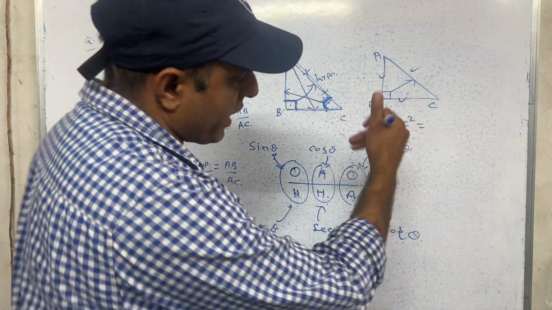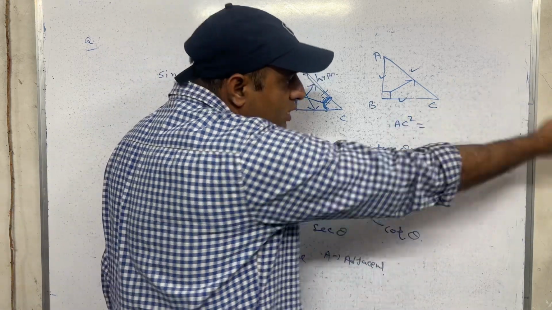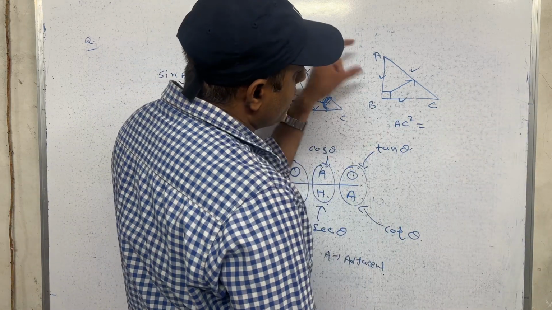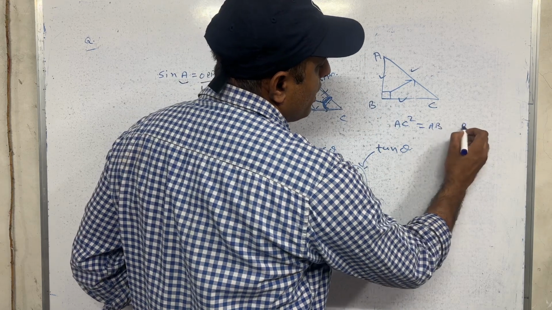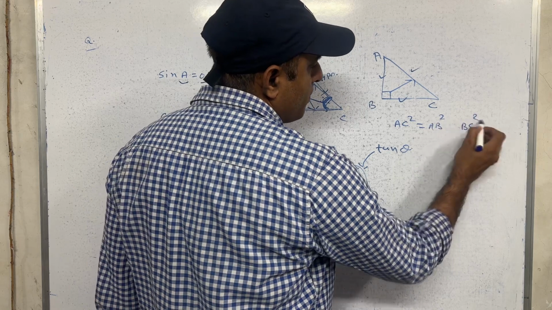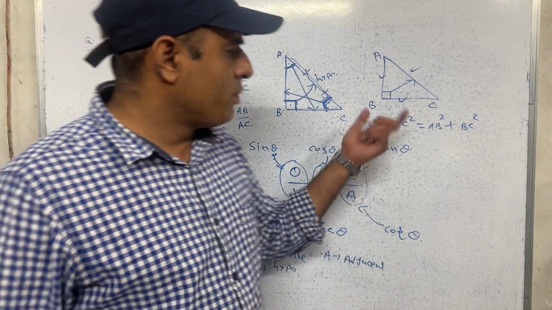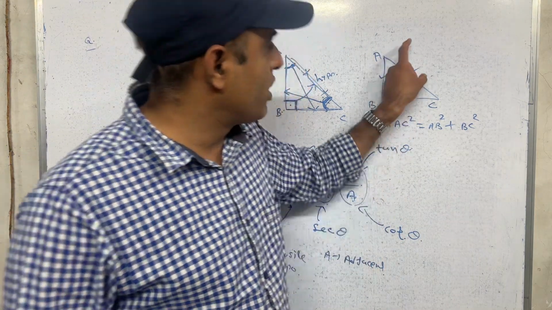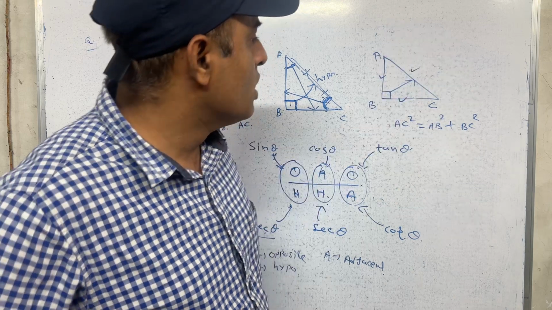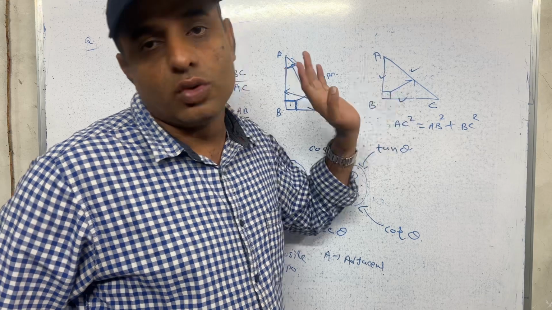So on one side you write the square of the hypotenuse, and on the other side of the equal sign, you write the remaining two sides, that is AB and BC. You square them and add them. What Pythagoras says is that the square of the hypotenuse is equal to the sum of the squares of the other two sides.